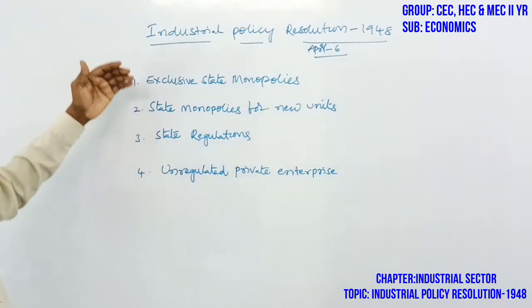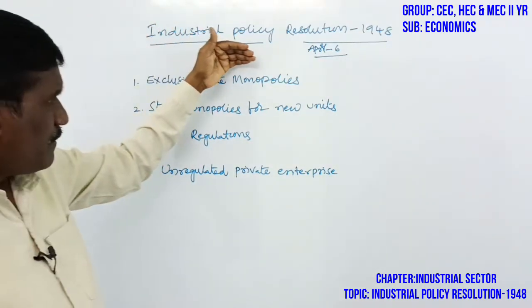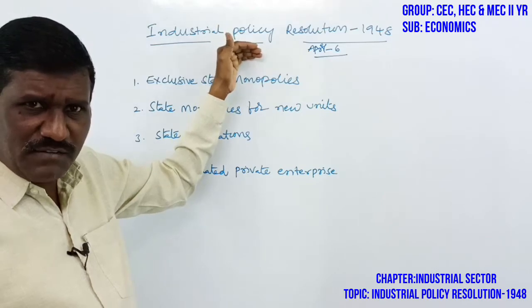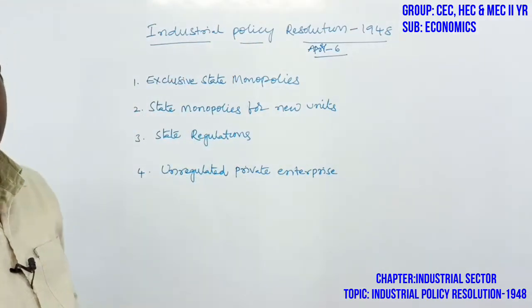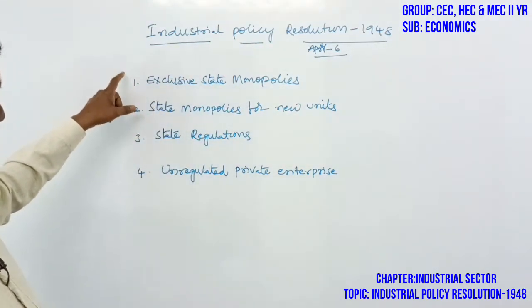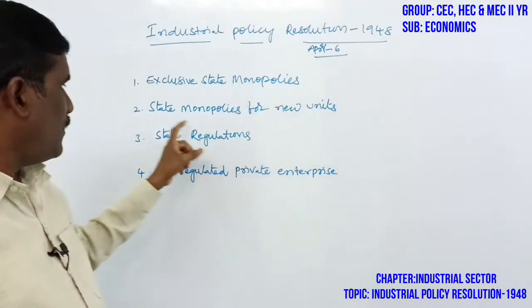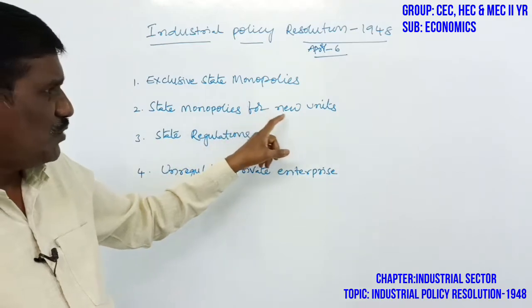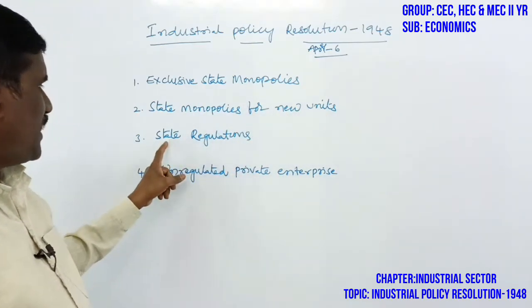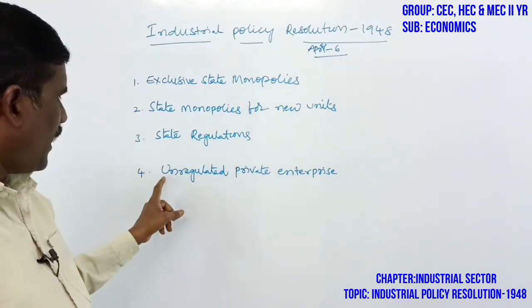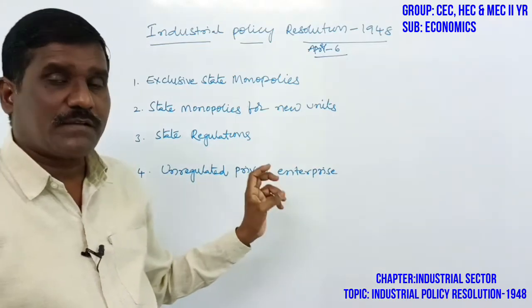Our Indian industrial structure is totally divided, and industries are divided into four categories. Here one is exclusive state monopolies, then state monopolies for new units, state regulations, and unregulated private enterprises.